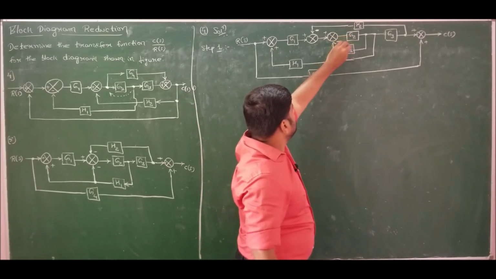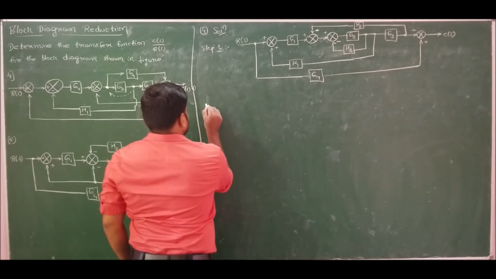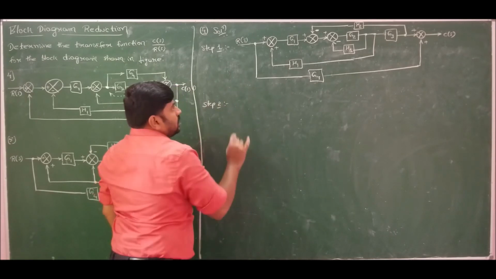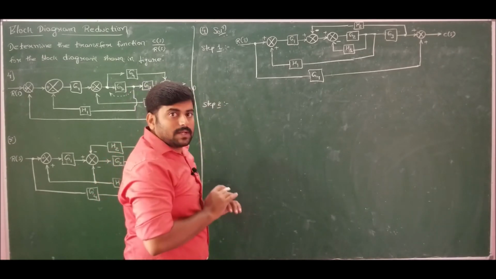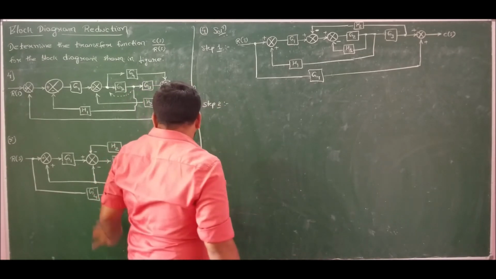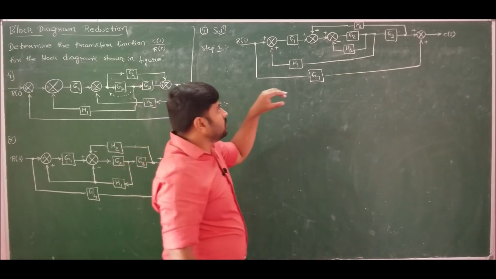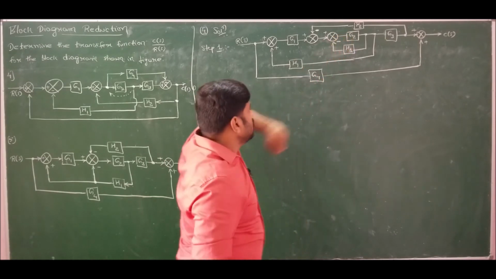If I close this minor loop, I will get the solution in step 2. So in step 1 I have not done anything, I have just splitted the clubbed takeoff points and summing points. Now I am actually solving the problem. So just close this loop.